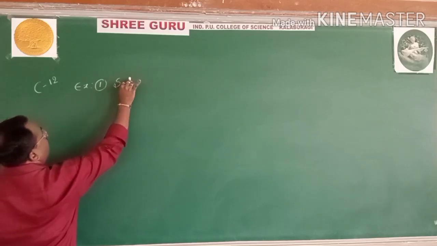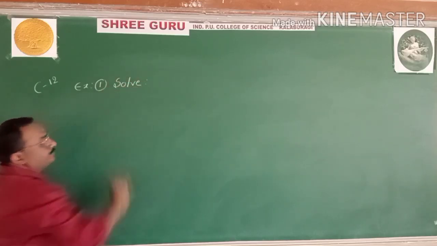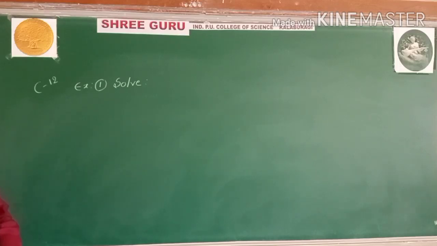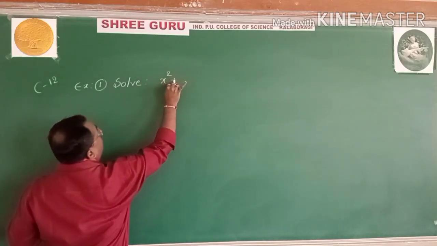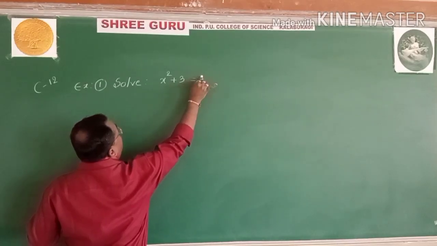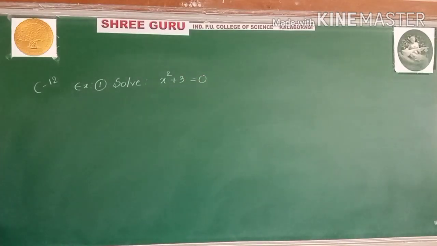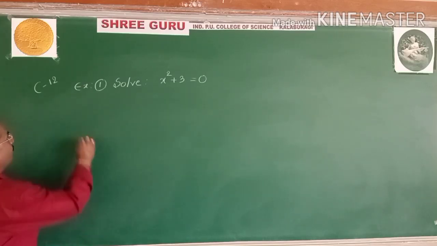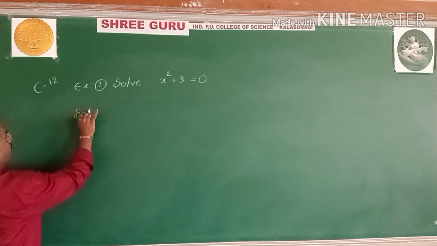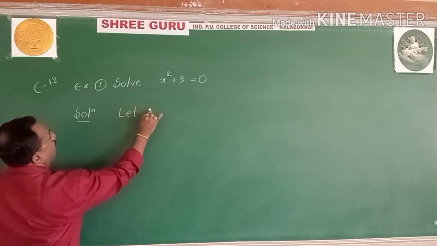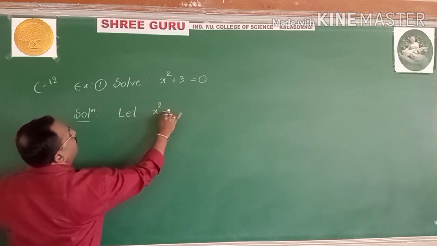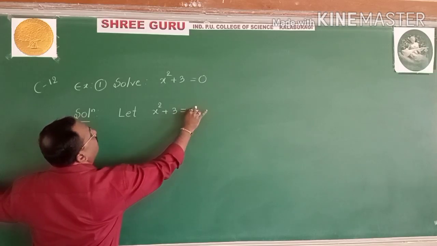Solve the quadratic equation x square plus 3 is equal to 0. Solve. Solution. Let x square plus 3 is equal to 0 is there.